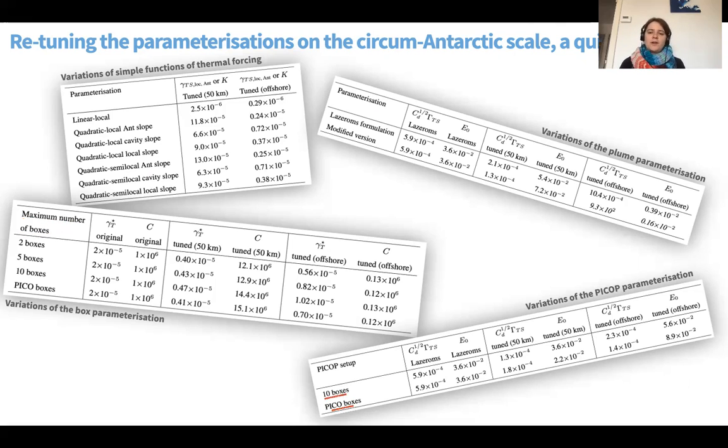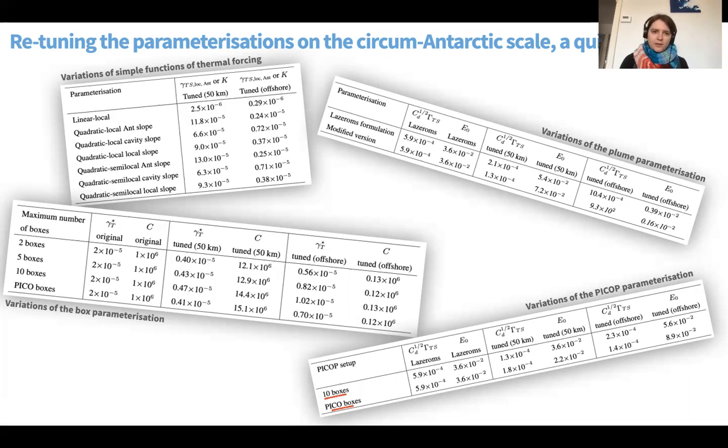And finally, for the PICKUP, we could have also looked at the same box numbers as the box parameterizations, but we decided to focus only on the PICO boxes because this is what the original version of the paper does, and the 10 boxes because this is the lowest RMSE that resulted from the box parameterizations. Okay, so as you see, we have many different variations.